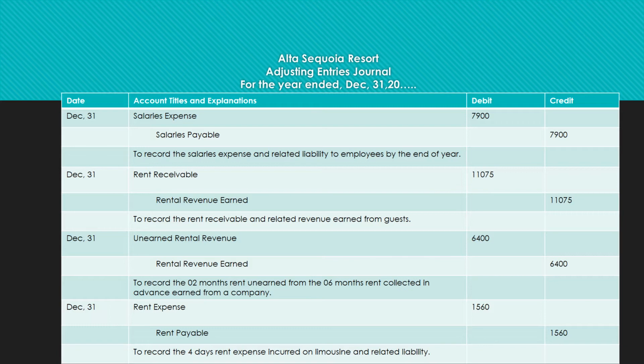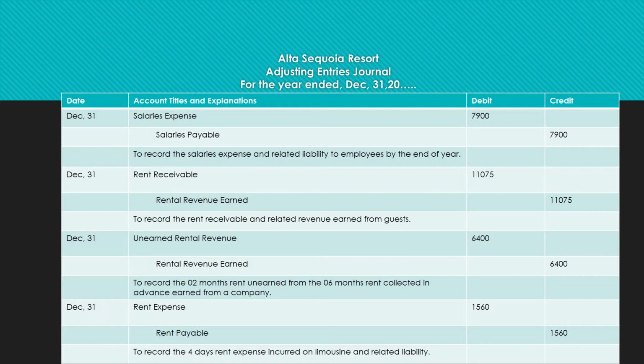Now I am reading transaction B. As of December 31st, Alta Sequoia has earned 11,075 rental revenue from current guests who will not be billed until they are ready to check out. Debit rent receivable. Transaction B is an example of recording unrecorded revenue adjusting entry.